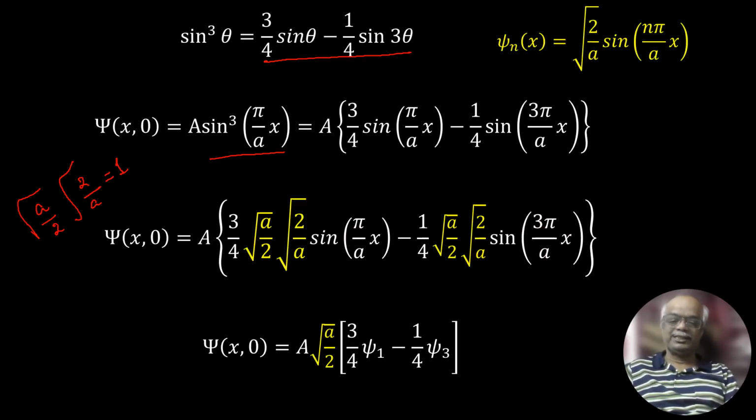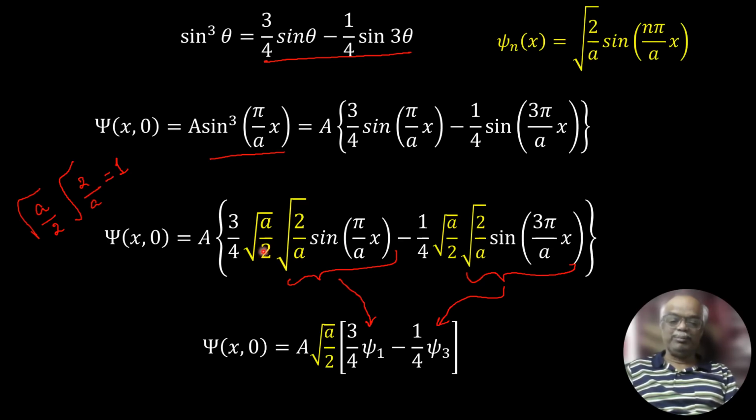So here this is your wave function. This wave function is naturally psi 1, because here n is equal to 1. And this wave function is psi 3, because here n is equal to 3.